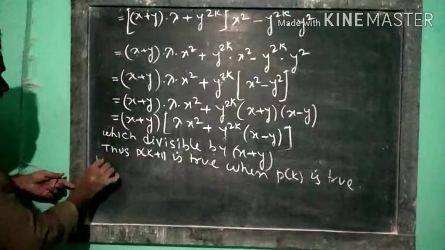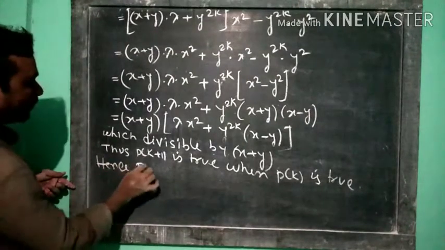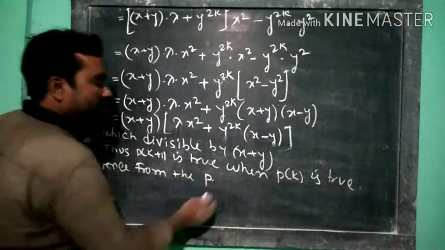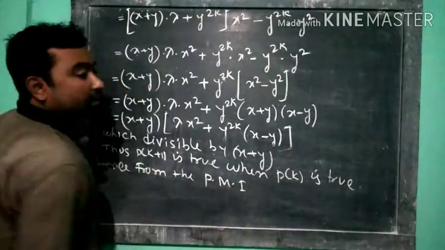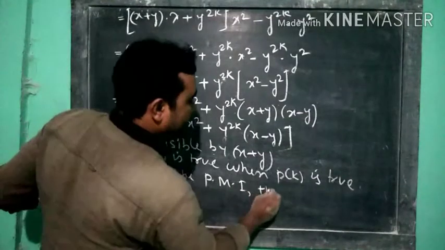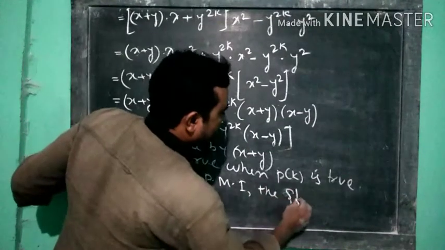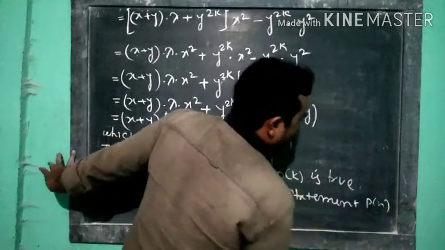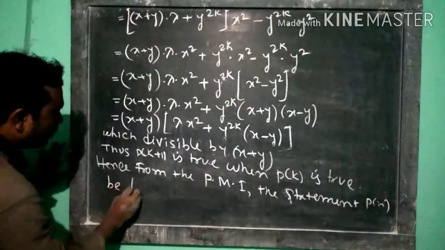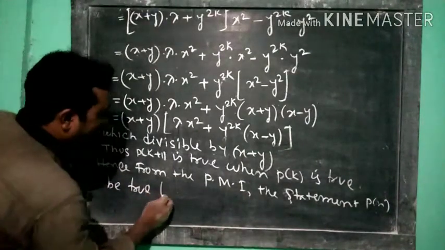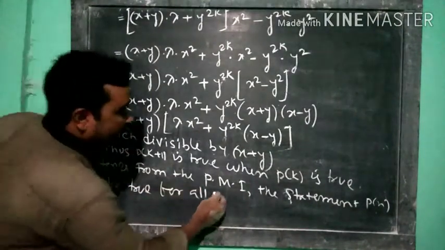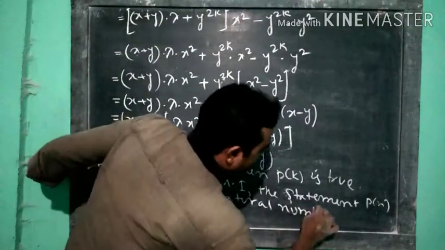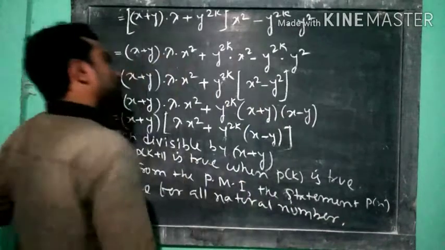Hence, from the principle of mathematical induction, the statement P of n is true for all natural numbers.